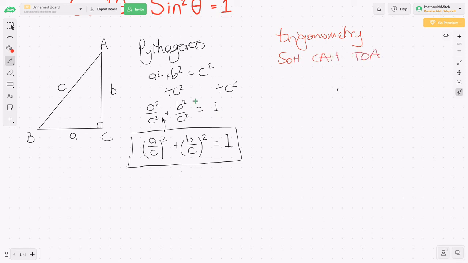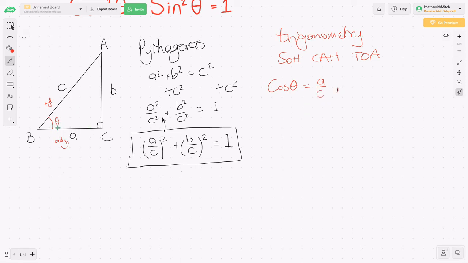I'll always do it at the top of an exam paper, to make sure I don't forget. And we can apply it here, let's look at this angle theta. This would then be the adjacent, and this will be the hypotenuse. So we can say cos of angle theta equals adjacent, which is a, over the hypotenuse, which is c.